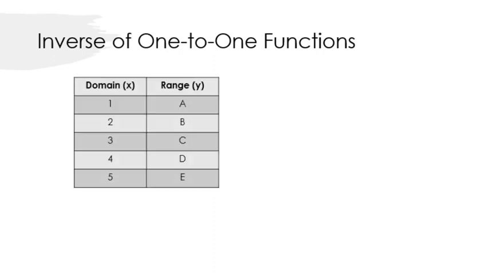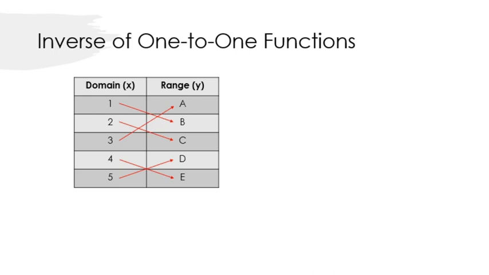So, for example, ito. We have the domain which is 1, 2, 3, 4, 5 and our range is A, B, C, D, E. So, yun yung relation natin. Question, is this a one-to-one function? Yes. Kung gagawin natin yan, i-arrange natin siya as coordinates. We have 1B, 2C, 3A, 4E, 5D.